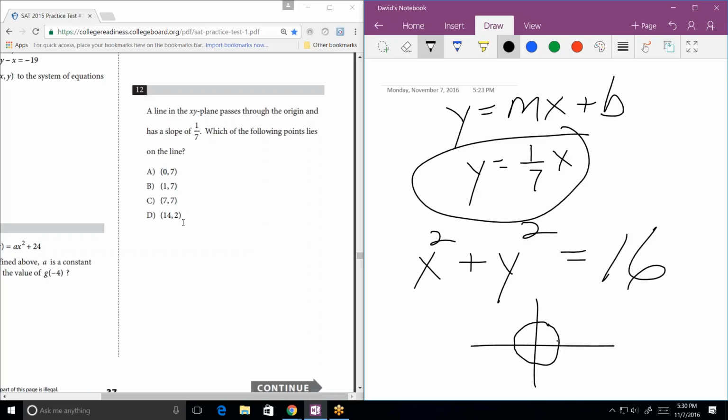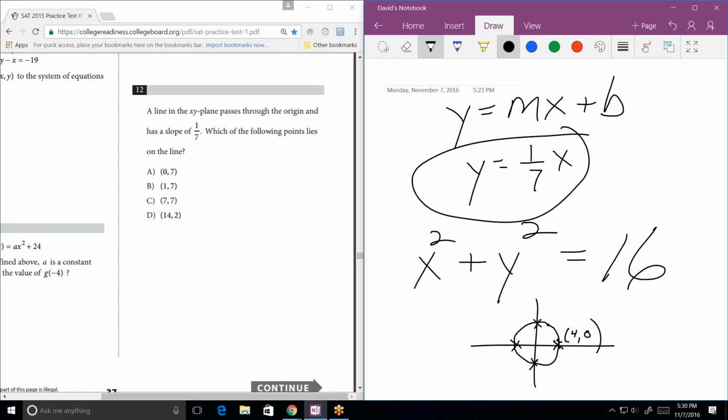However, notice that 4, 0 does, because 4 squared plus 0 squared is equal to 16. So that point's on the circle. Also, 0, 4 is on the circle. Negative 4, 0 is on the circle. And 0, negative 4 is on the circle.